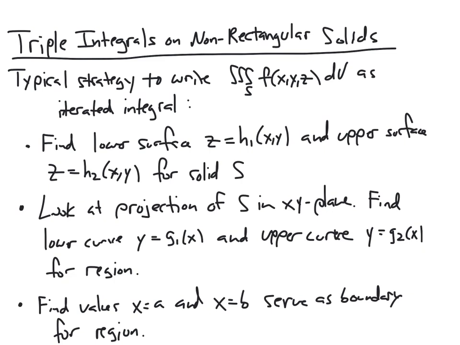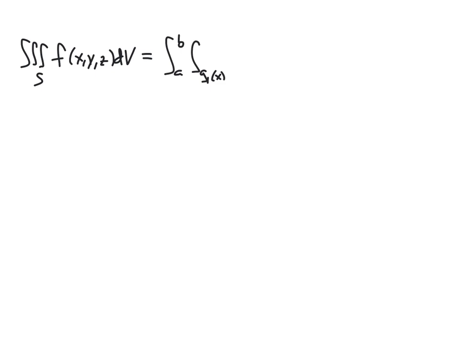However, once we have these limits, we have all the information we need to write down the iterated integral that we need to compute. So given the choices of curves and surfaces that we just found, the triple integral of a function f(x, y, z) dV would be computed as the following iterated integral: a to b, g1 of x to g2 of x.